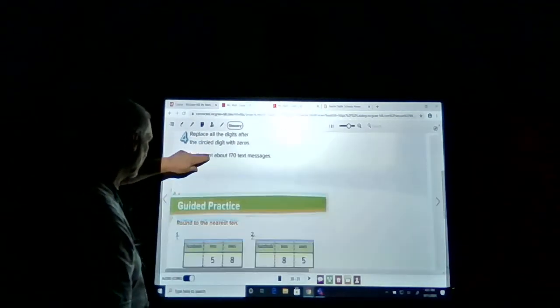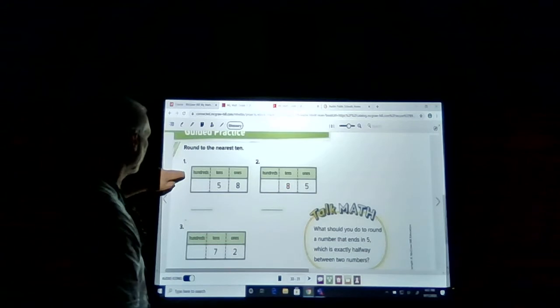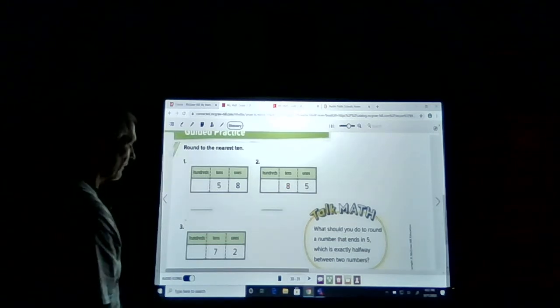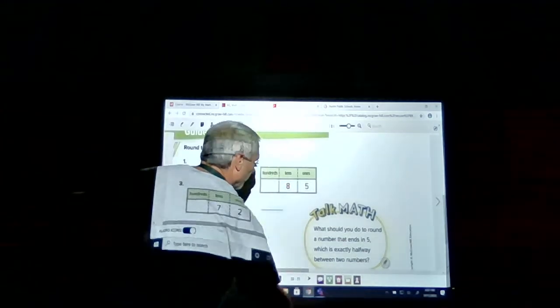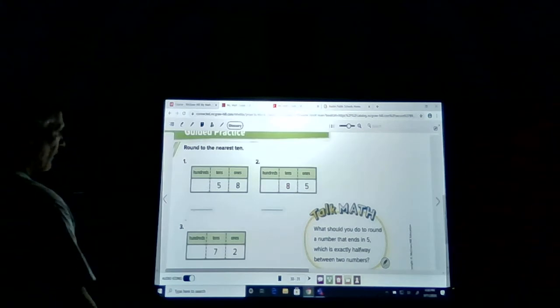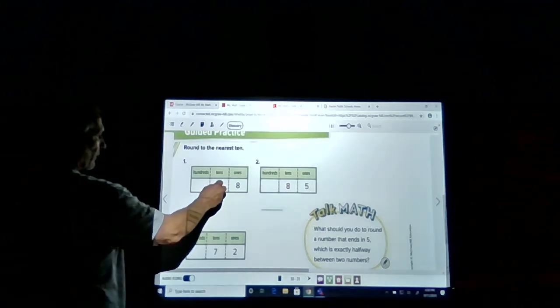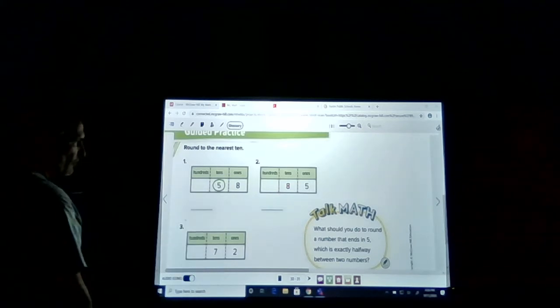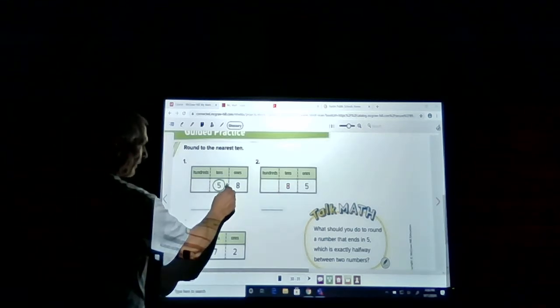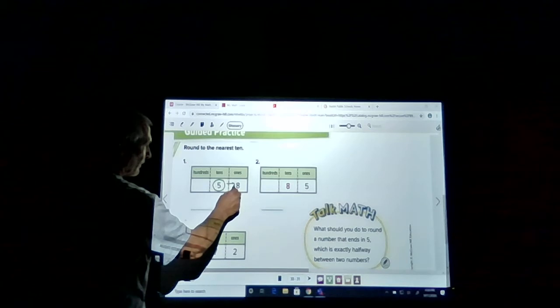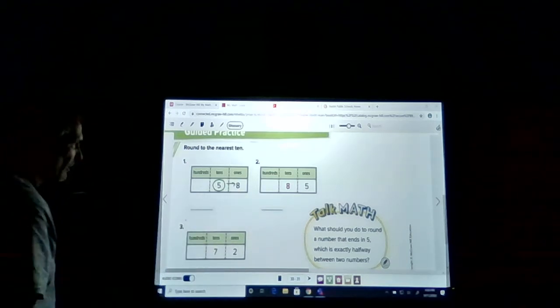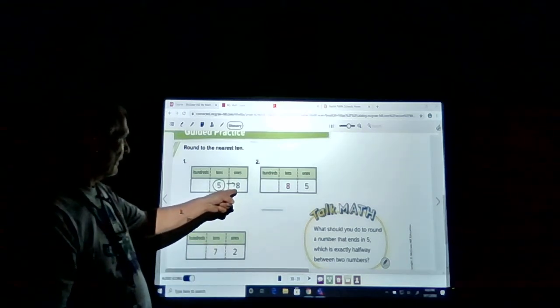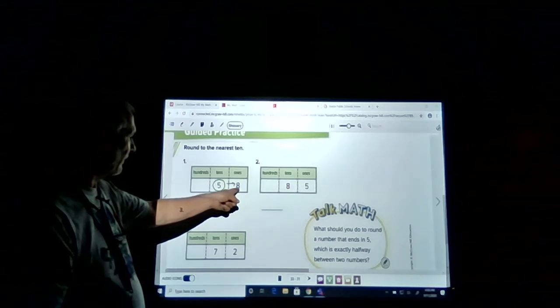All right, let's look at the guided practice now. Round to the nearest 10. Take our time, remember those 4 steps. Number 1, circle the tens. Number 2, draw an arrow to the next digit in the ones place. Is this less than 5?